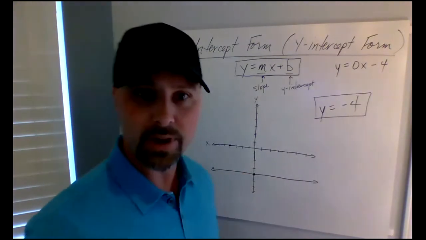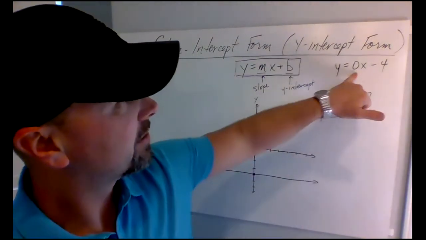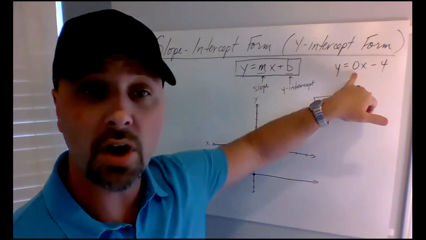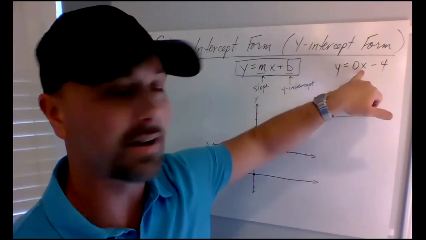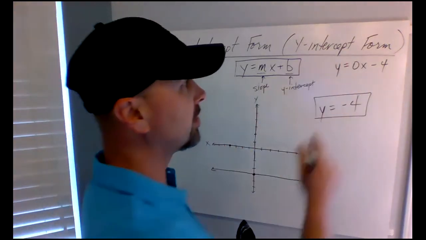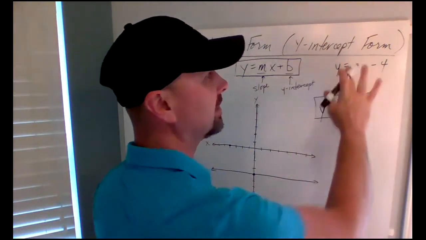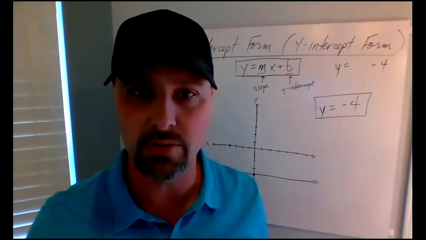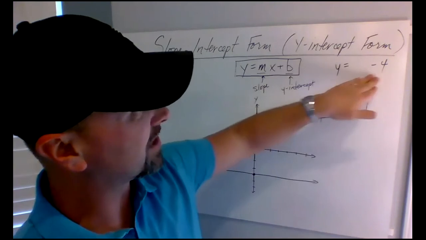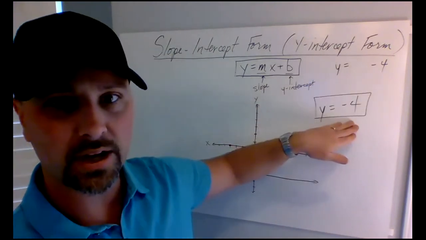Now, tell me, what happens when you multiply times 0? It's always 0. It doesn't matter what this number is, no matter what x is. When I times it by 0, it's nothing. And so it really can be shown as we don't show 0. It's nothing. It's not there. So we take it out. Notice what's left. Y equals -4.